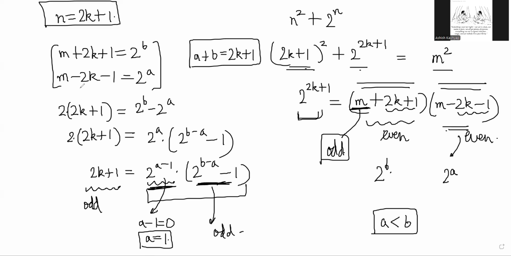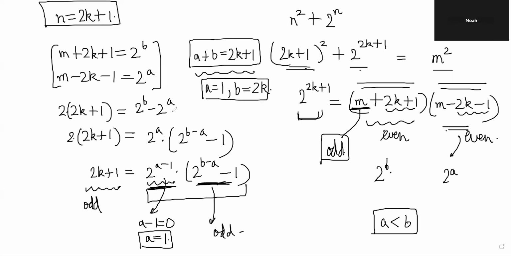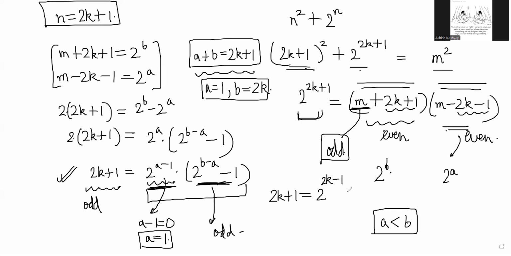So if A is 1, from here we can figure out B is 2k, right? Also in this equation, if I put A is 1 and B is 2k, I'm getting 2k plus 1 is equal to 2 to the power 2k minus 1.